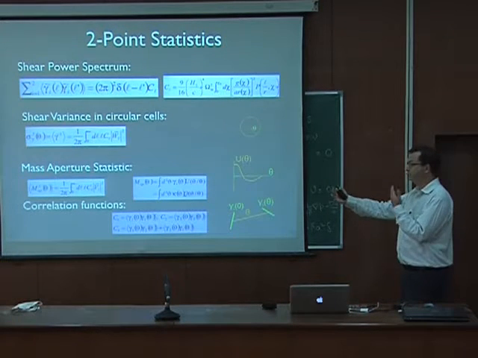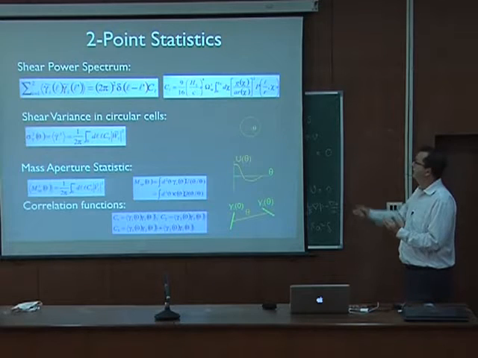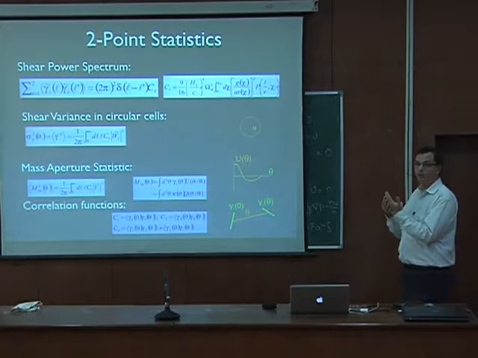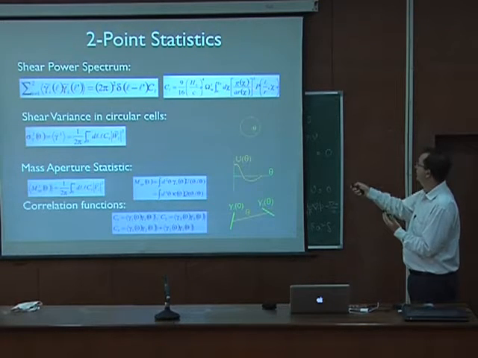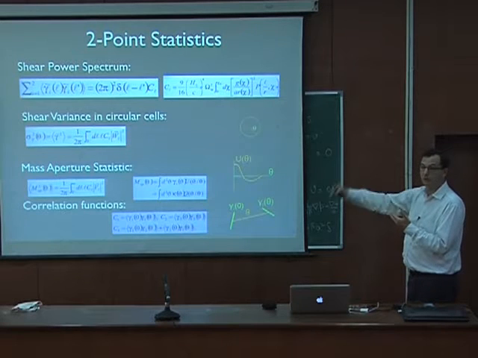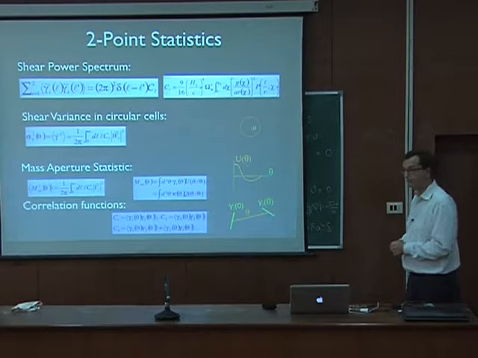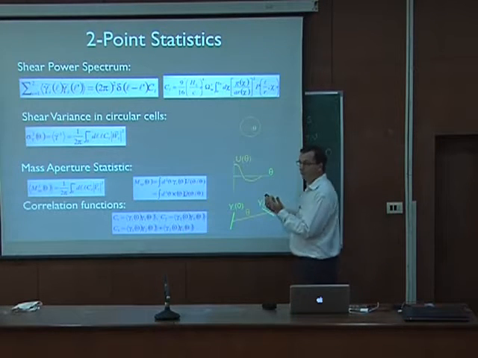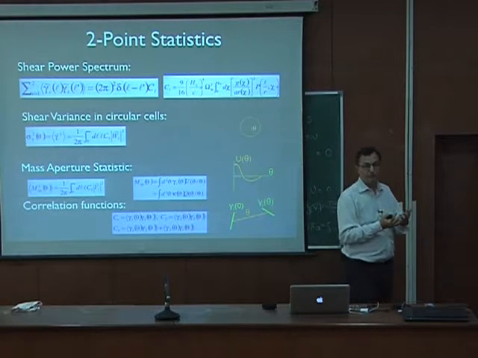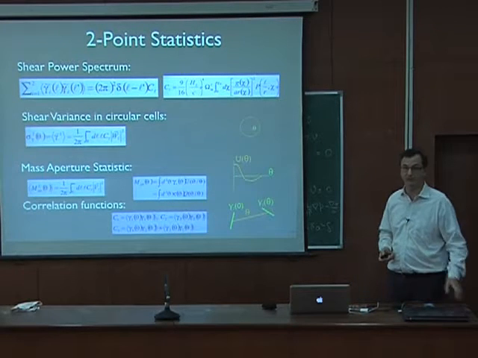So what we're getting is a projected version of the matter power spectrum with a radial window function, which is given by this and this. So really what we're measuring directly is the power spectrum of matter fluctuations projected.